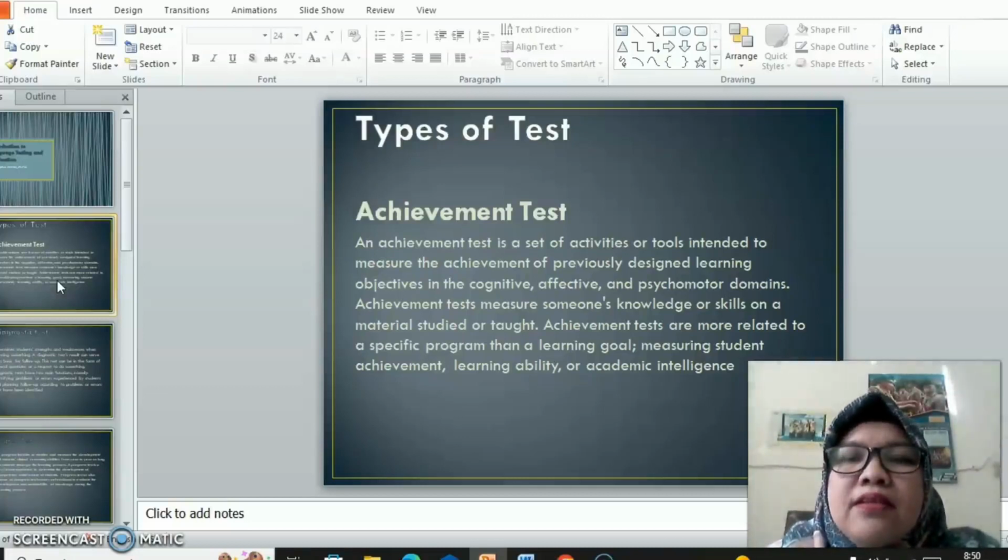So for the first meeting until the last meeting, you can measure it by having the summative test. So formative and summative belong to achievement test.